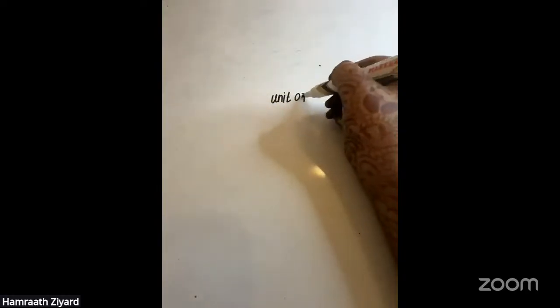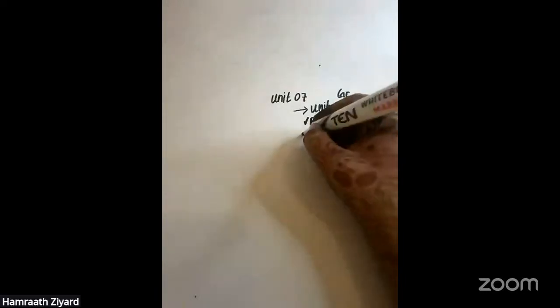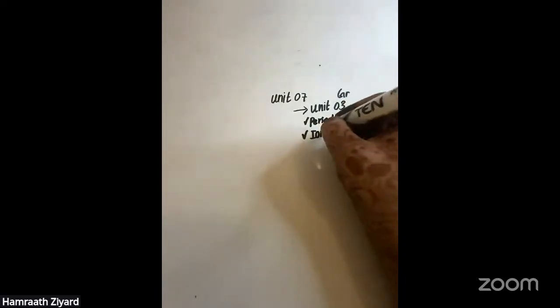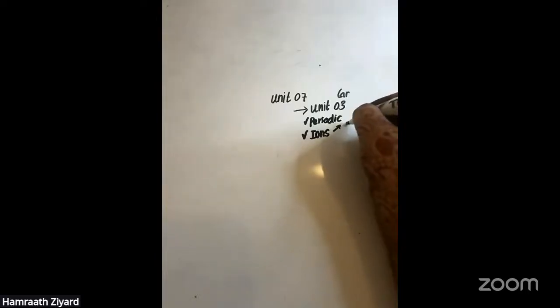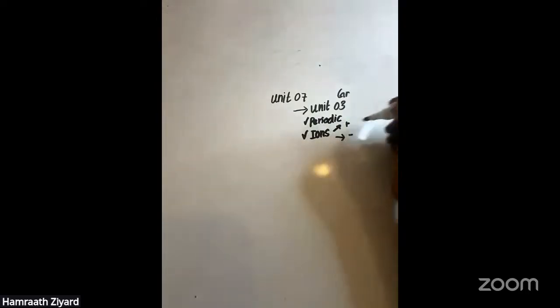So when you talk about unit 7, you have to recall unit 3 of your grade 10. That means you should know the periodic table, and you should know how to find the ions, the positive ion and the negative ion, which we call cation and anion.